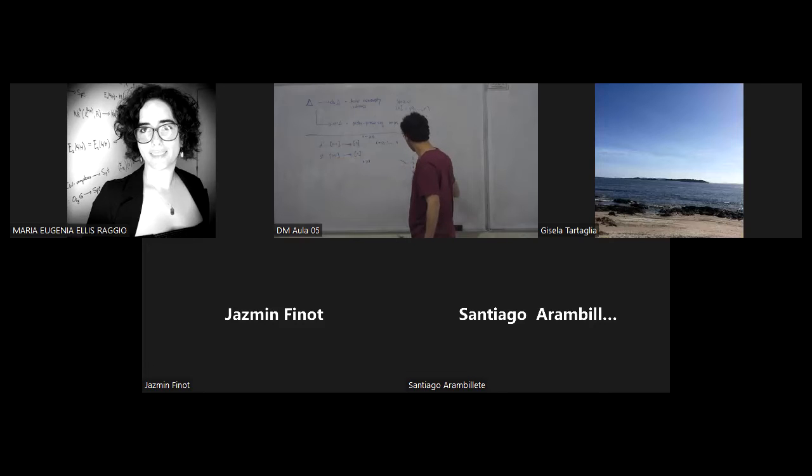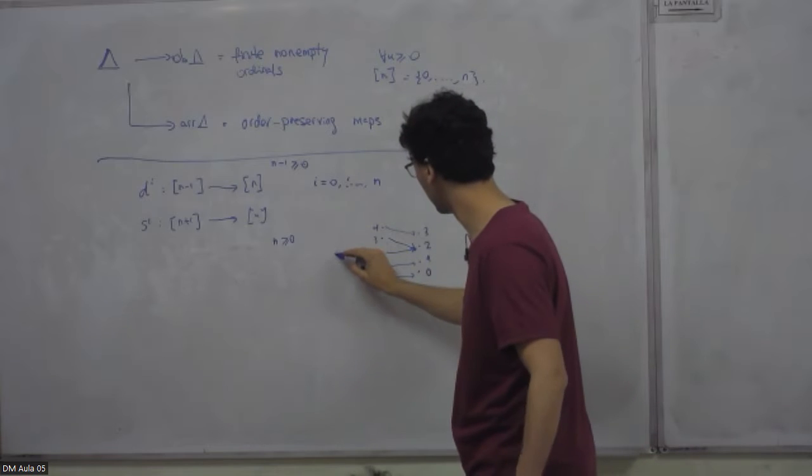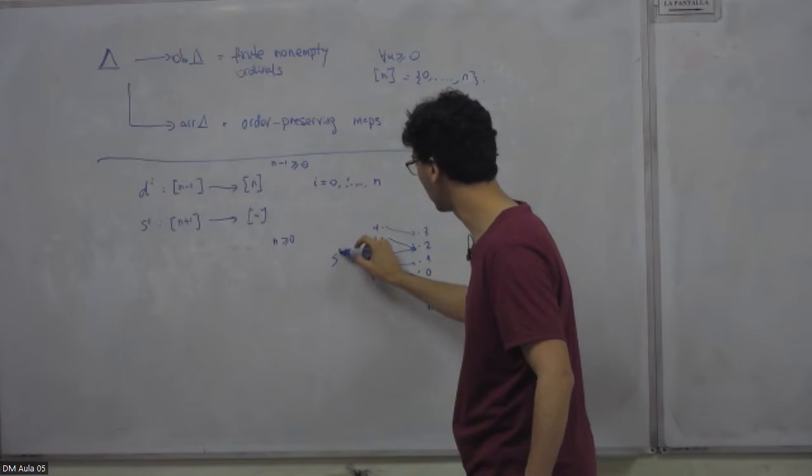And so let's say that n equals 3, and let's say, because I like the number 2, now I want to map 2 guys to 2, and the rest of the fibers have only one element. Okay, again, this kind of map I would call S supra 2 in this case.